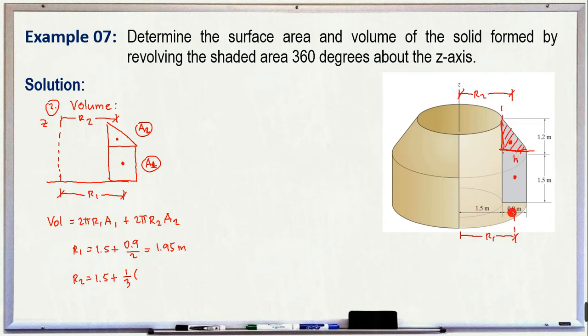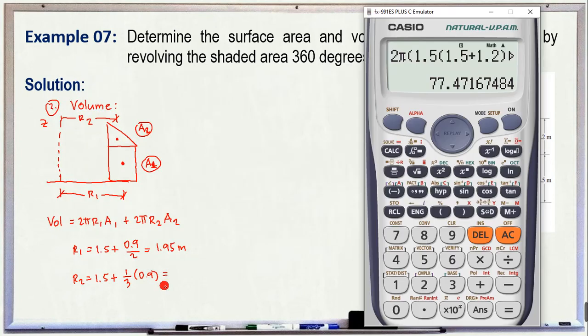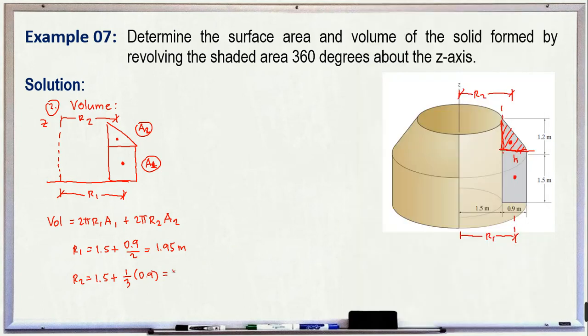Now the height is equal to 0.9. If we're going to solve this using a calculator, 1.5 plus 1/3 times 0.9. So the answer is 1.8 meters.